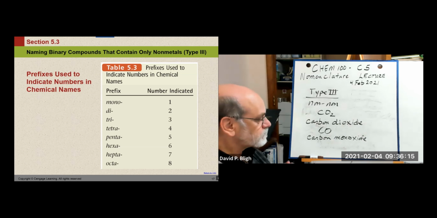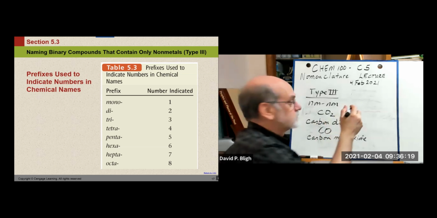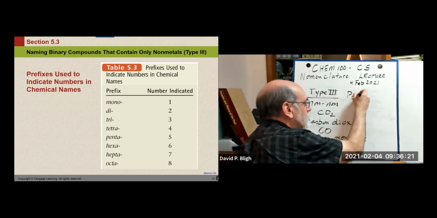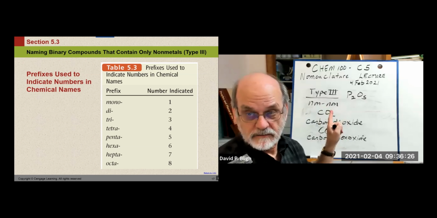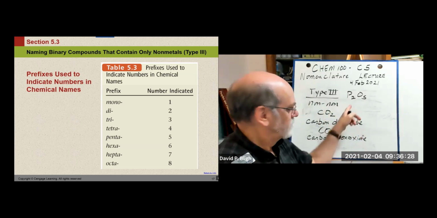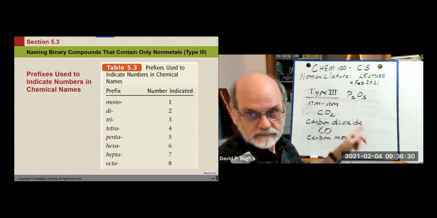Okay. How about this one? I wrote this one before. Right? That compound exists. We know it is there, right? You find it in every fertilizer bag.